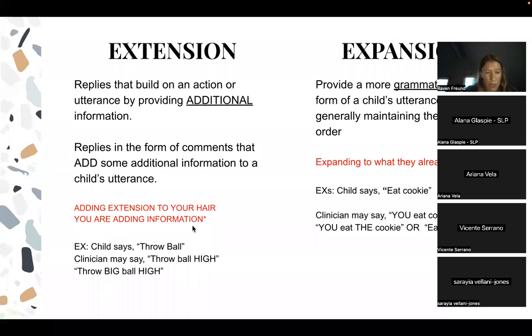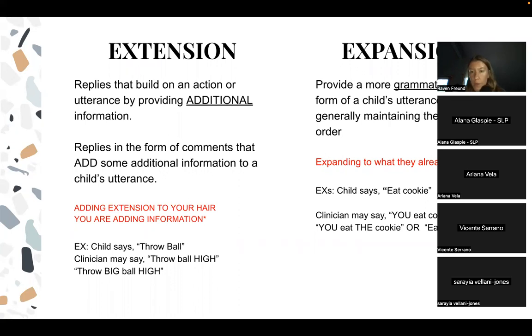So an example: a child says, throw ball, and the clinician might say, throw ball high, throw big high ball. You're providing additional information to the child's utterance, which is really tricky because expansion is similar, but with expansion, just think you're providing a more grammatically correct form while still maintaining the child's word order.